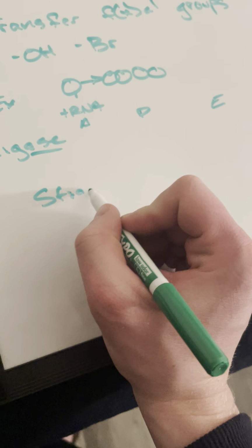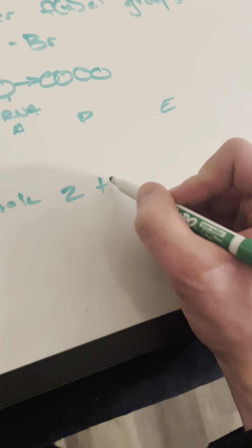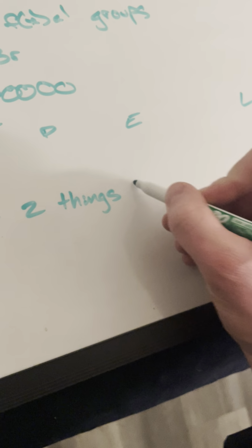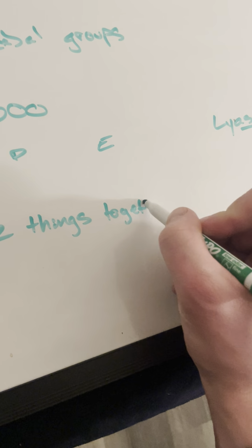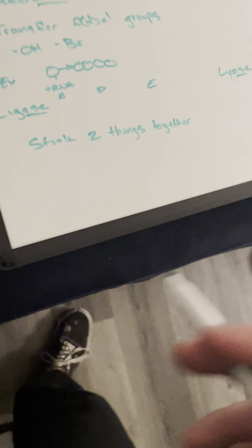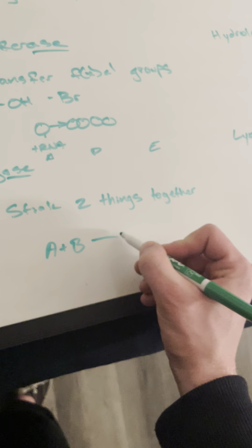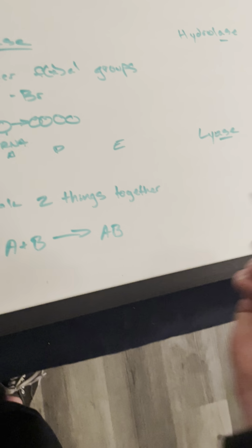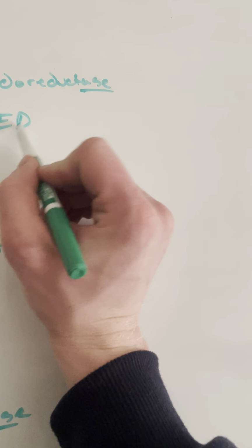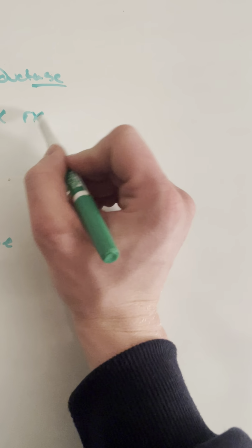But then ligase, we're sticking two things together. It's pretty much A plus B equals AB. I don't have an example for that. Oxidoreductase, you should know this by now, but redox reactions.